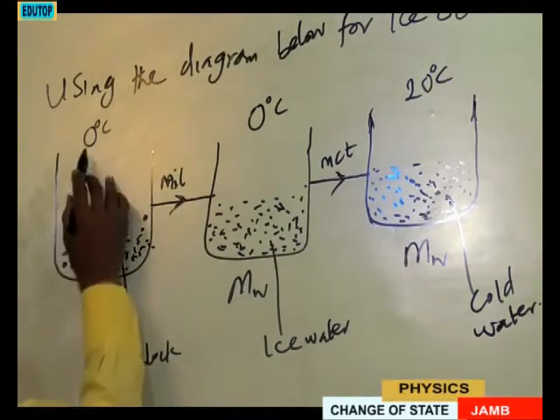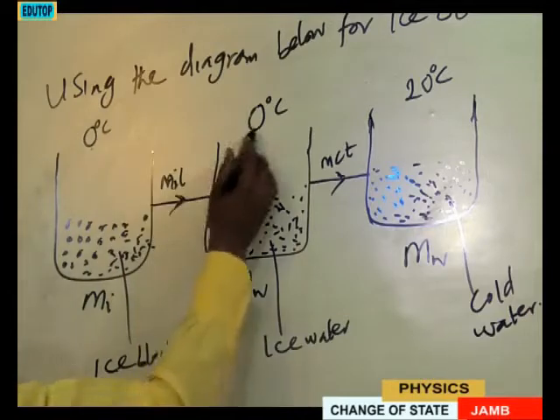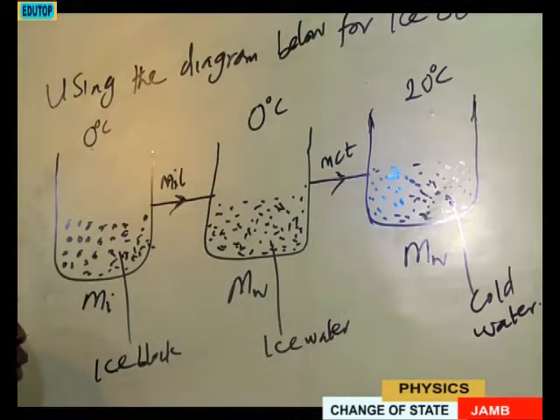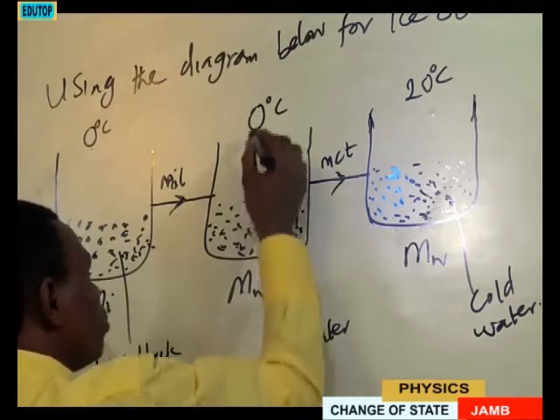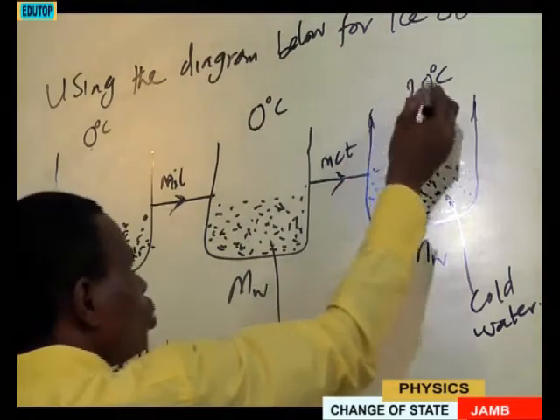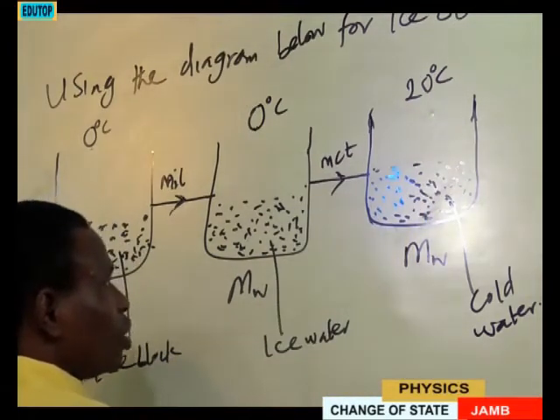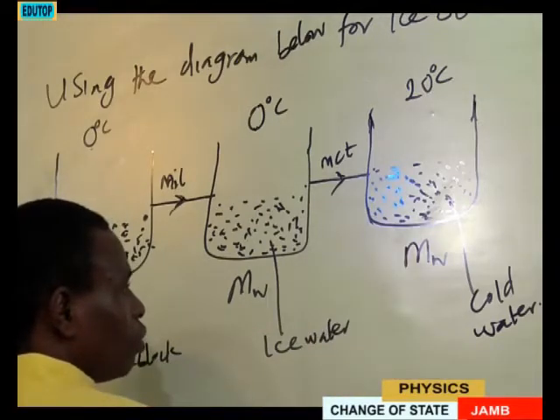The ice block and the ice water have the same temperature. By the time we check it again, the temperature has risen from 0 degrees Celsius to 20 degrees Celsius, which means there is a rise in temperature.